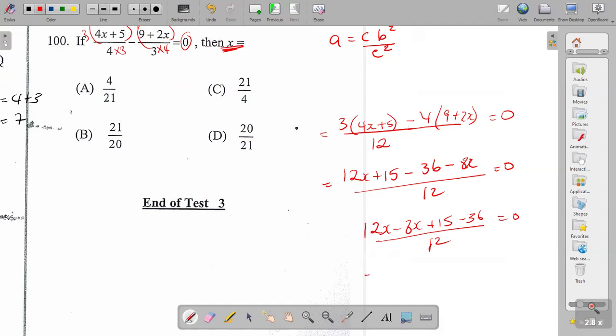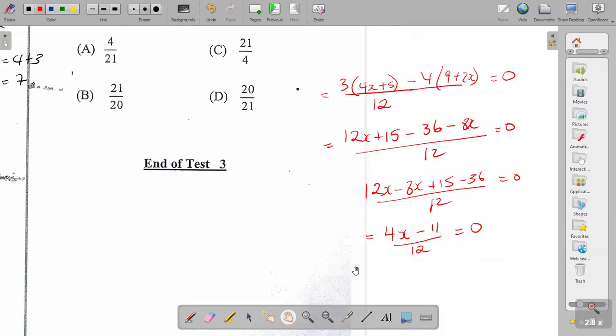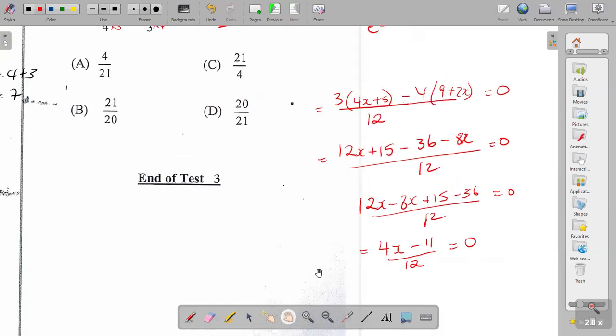Okay, so this is going to give me 4x minus 11 over 12 is equal to 0. Oh, this is not 11, this is 21.